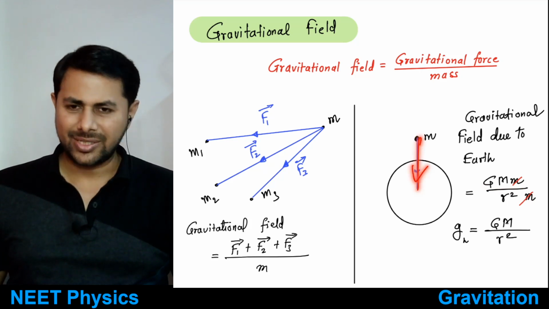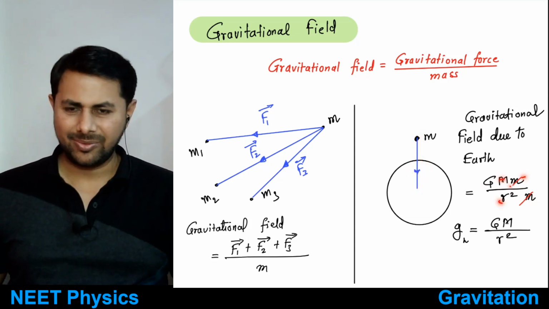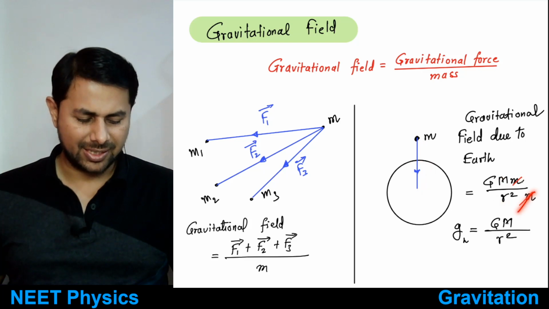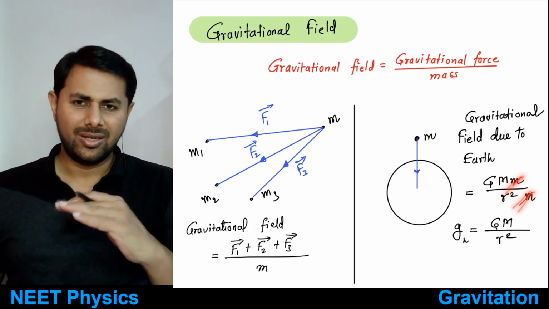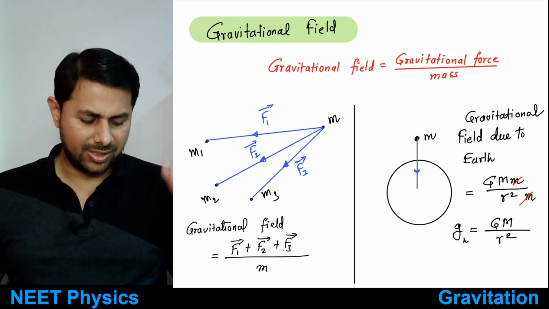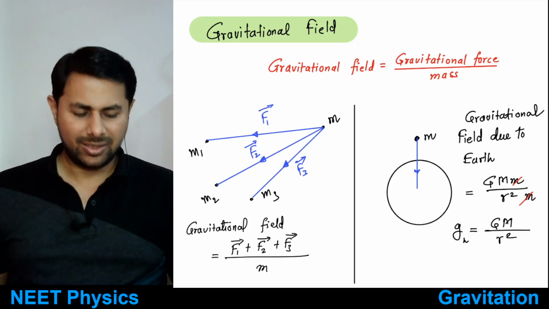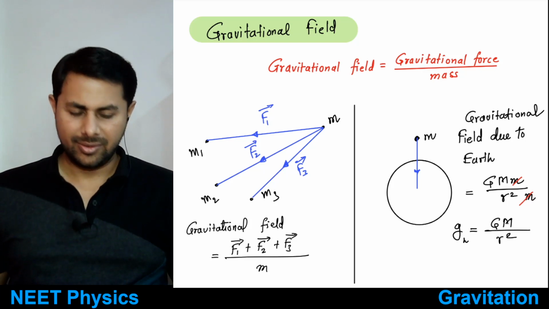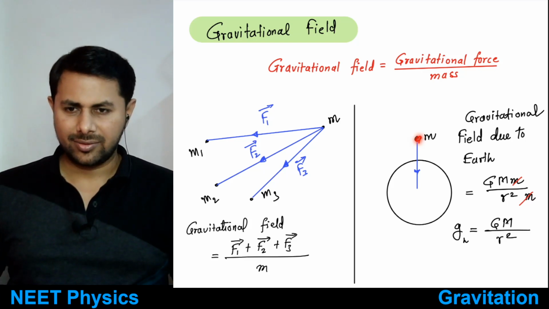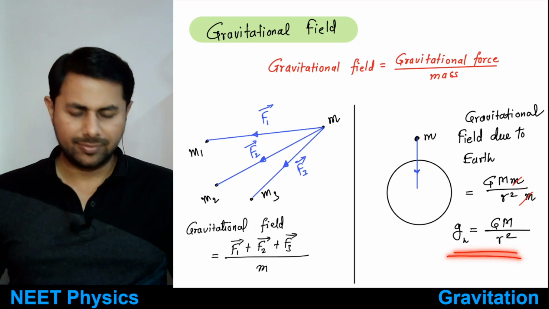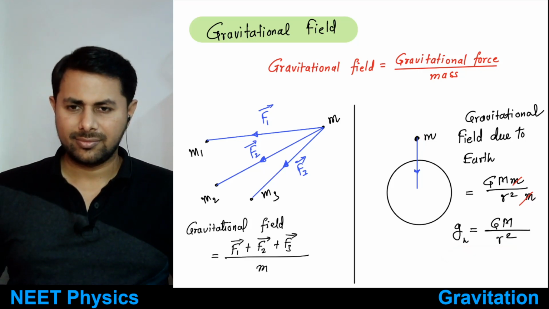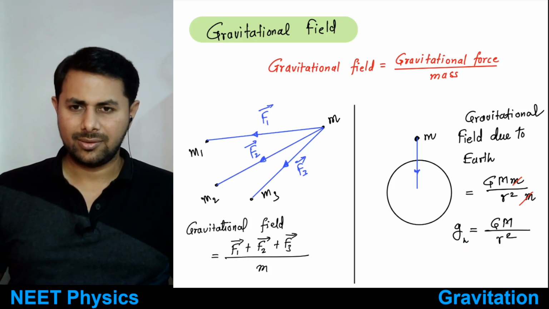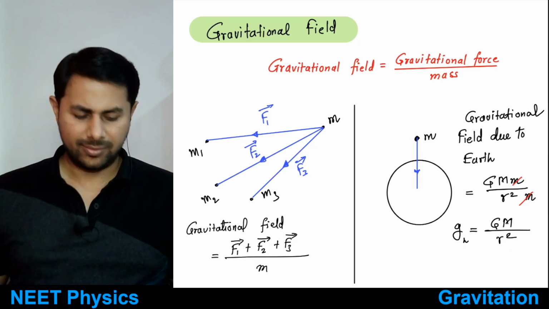So gravitational force acting on this mass, GMm divided by r square, divided by that mass itself. So the mass gets cancelled out. What you are left with is GM divided by r square, and you know that it is the gravitational acceleration due to the earth. This thing is clear? Yes, no? Right? Good.